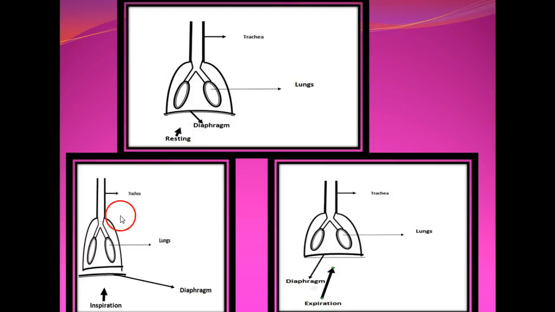Here the contraction of muscles and flattening of the diaphragm. Here the relaxation of muscles and the upward movement of the diaphragm. Once more, during inspiration, the muscles contract and the diaphragm becomes flattened. And in expiration, the muscles relax and the diaphragm moves upwards.